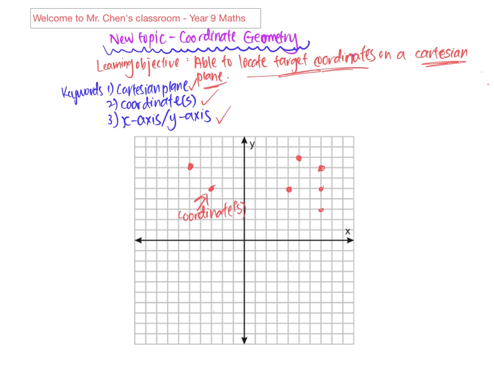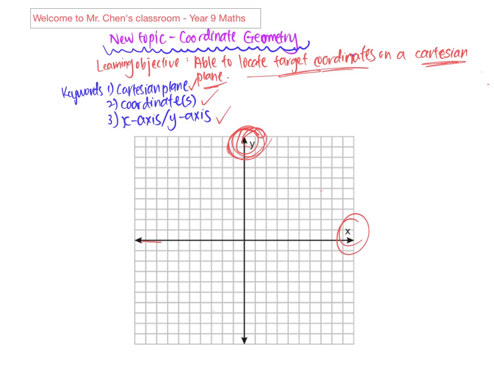What allows the coordinates to form are these two lines, x and y. These are two perpendicular lines.